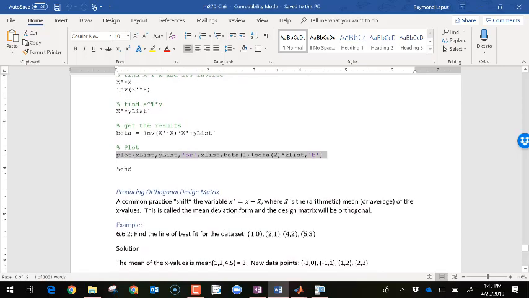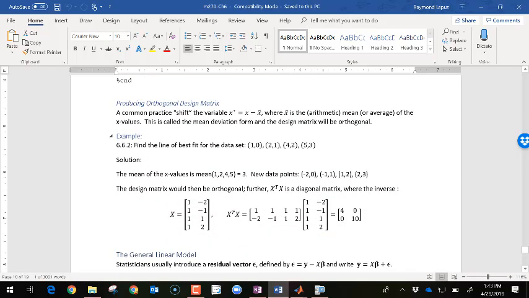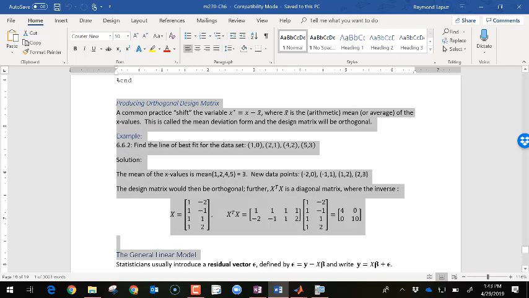So let's move on. The other thing that we were talking about was this whole idea of orthogonal stuff. And forcing an orthogonal matrix out of this is probably going to be more work than it's worth. Because what you're going to do is adjust it so that your center point is in the middle, or it's at 0 or something like that.